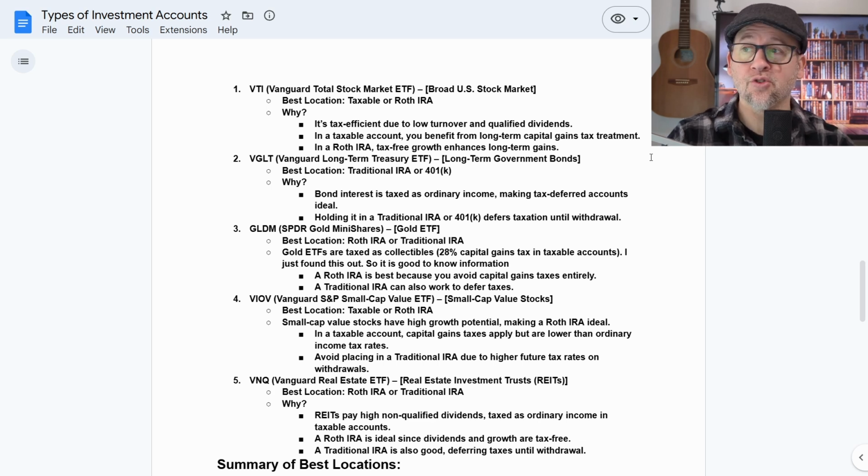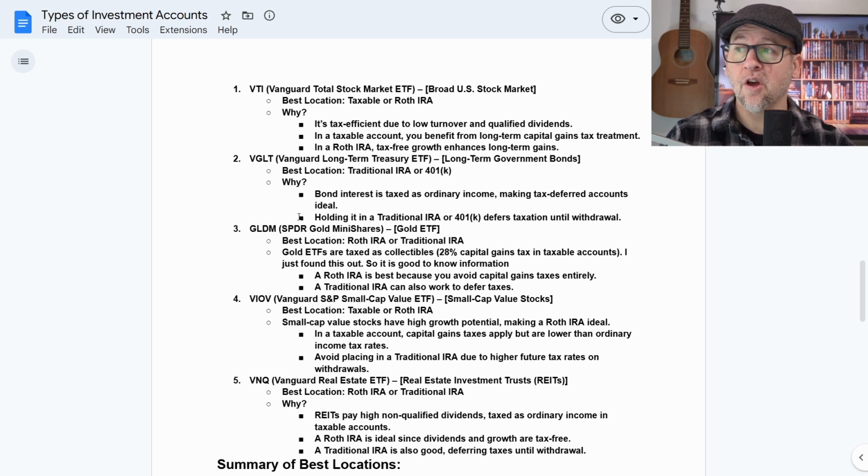Holding it in a traditional IRA or 401k defers taxation until withdrawal, rather than incurring taxes in a taxable account. So that means that you have paid taxes on it already, once your employer or however you got paid, you paid taxes on it at that time.